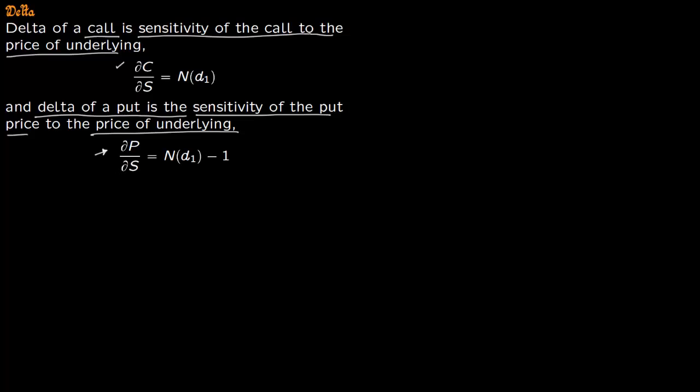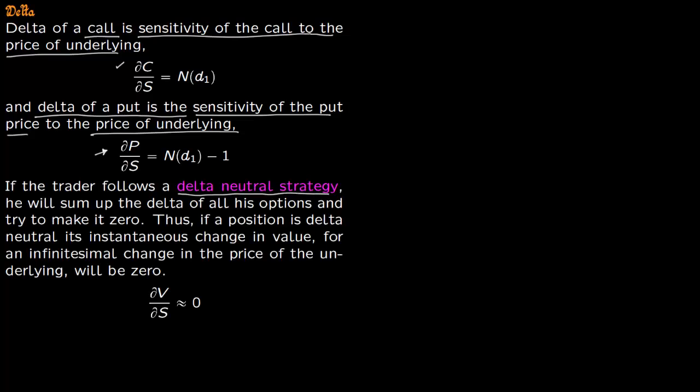Now we want to talk about a delta neutral strategy. So delta neutral strategy means that delta is approximately equal to 0. So what does the trader do? Say a trader buys a large number of calls and puts on different underlyings.